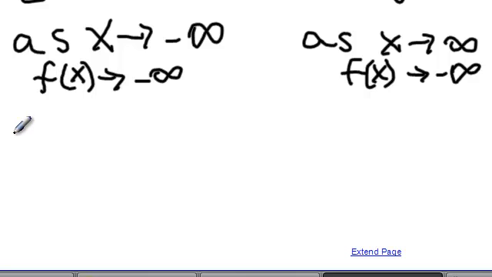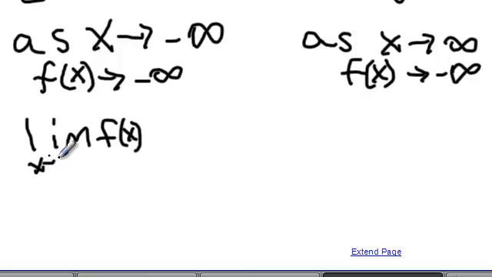So, we're now going to start writing end behavior with limit notation, saying the limit of this function as x goes toward negative infinity is going to be negative infinity.